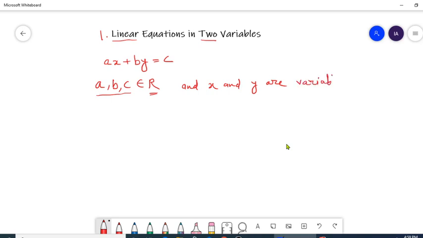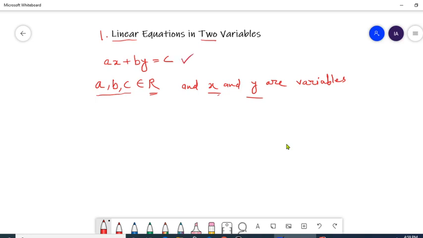Variables means unknown values. So two variables means this equation has two variables x and y. Your equation can have any two unknown variables. It can be m and n, it can be p and q. Any two unknown variables can be there in your equation.